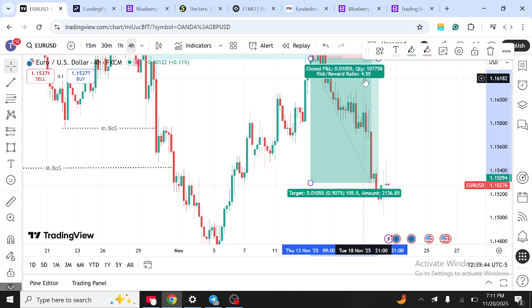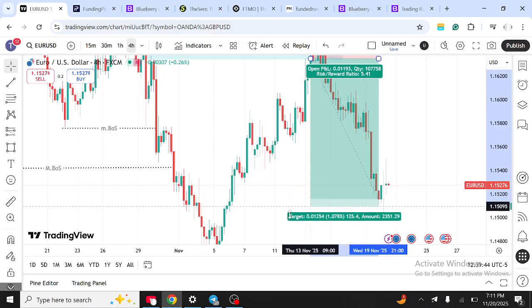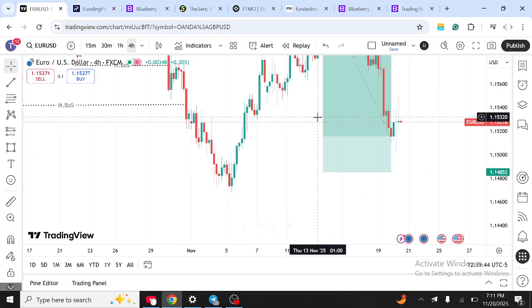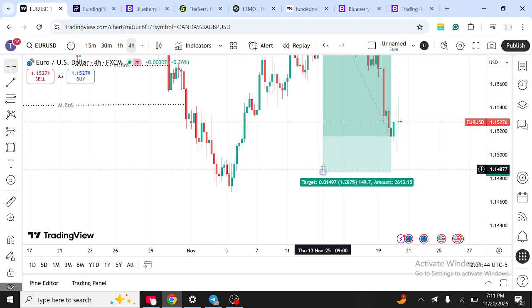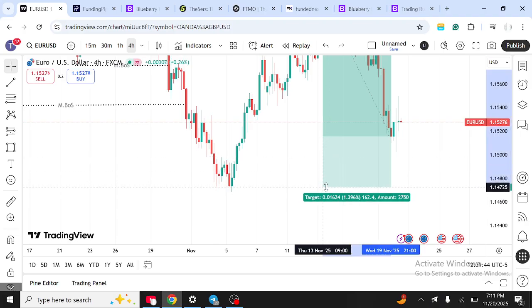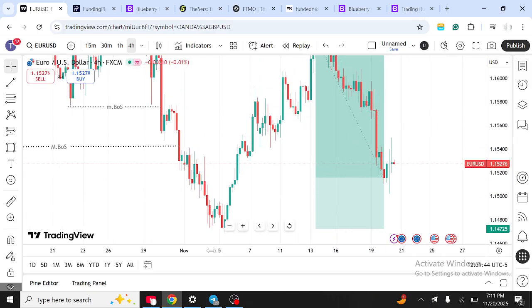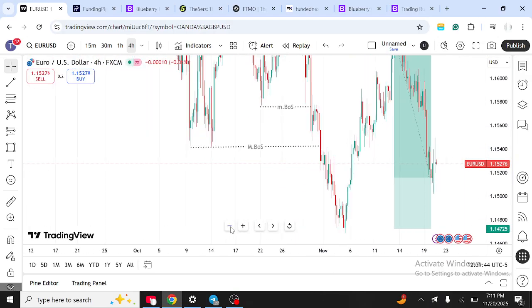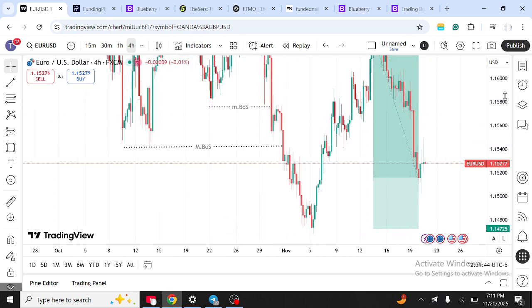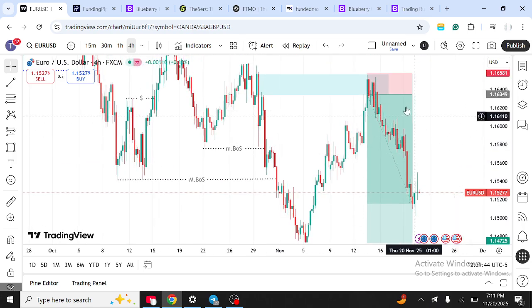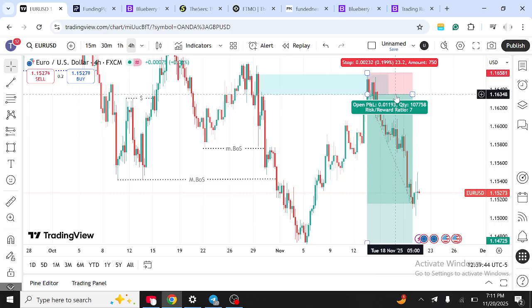That's close to 1:5. Or this low, or this low. Those are the two places you can actually take your TP. Can you see? And this is what? Let me see. I want to see the risk to reward ratio at that. This is 1:7, exactly 1:7.